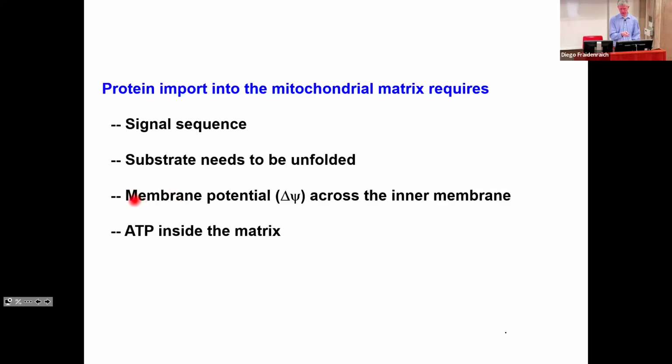We need a membrane potential across the inner membrane because there would be a negatively charged environment in the matrix that will interact in an electrostatic way with the positively charged signal sequence. And you need ATP in the matrix because there are certain heat shock proteins that also pull the protein through the translocases. So you want to memorize what's needed for this process.